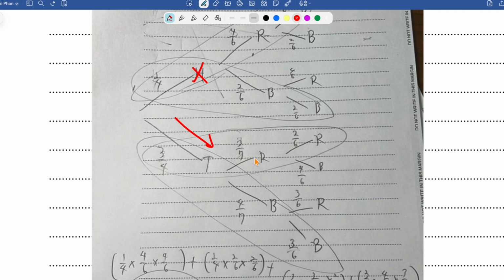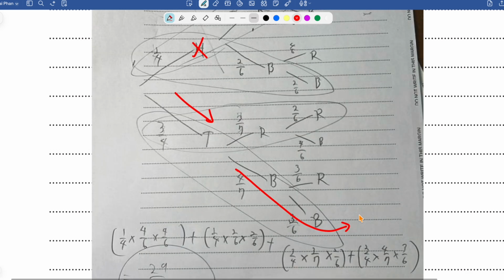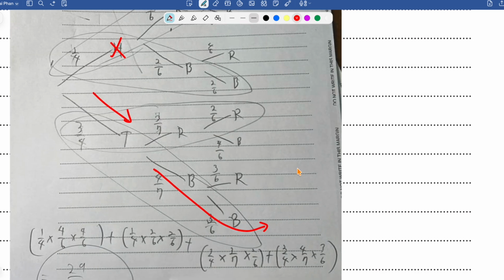Here we have two blue marbles, and therefore the numerator of the ratio is this branch.